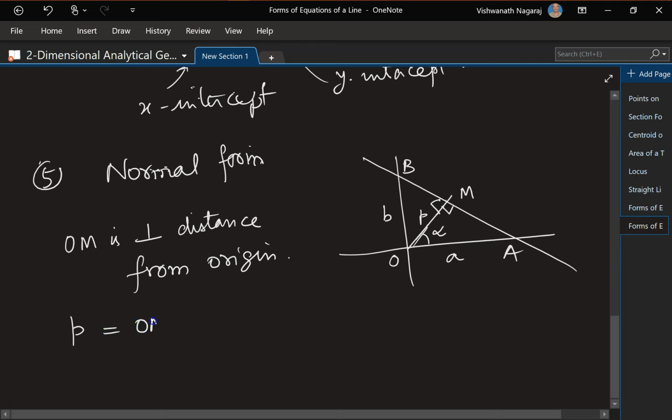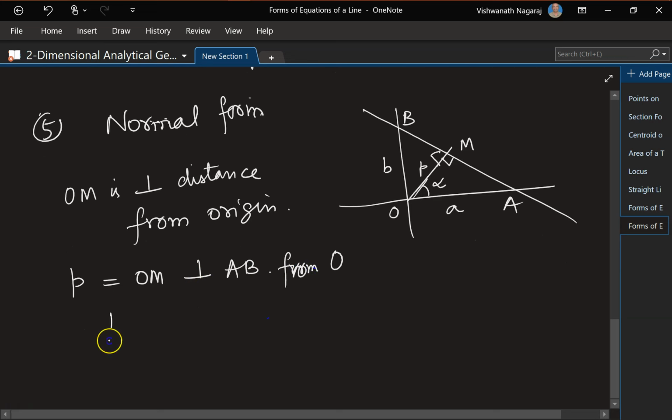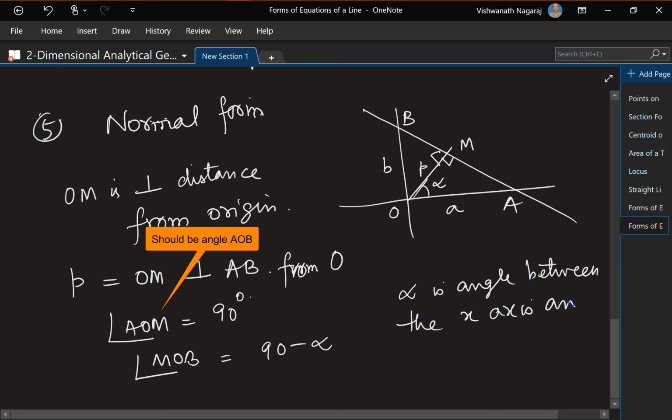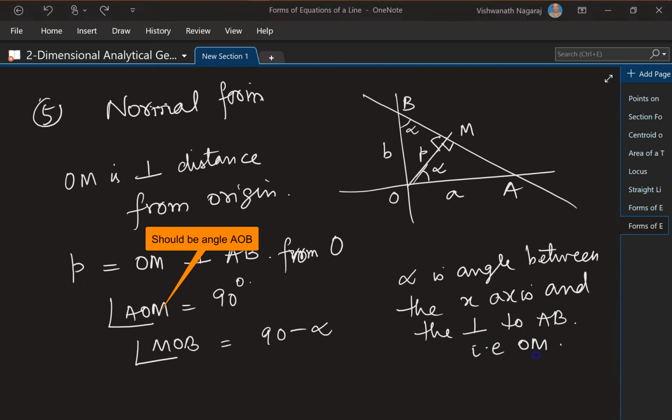Now p is equal to OM, which is perpendicular to AB. From O, angle AOB is equal to 90 degrees. Angle MOB is equal to 90 minus alpha. Now alpha is the angle between the x-axis and the perpendicular to AB, that is OM.